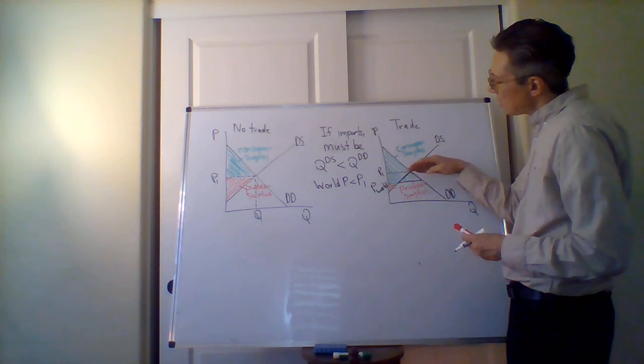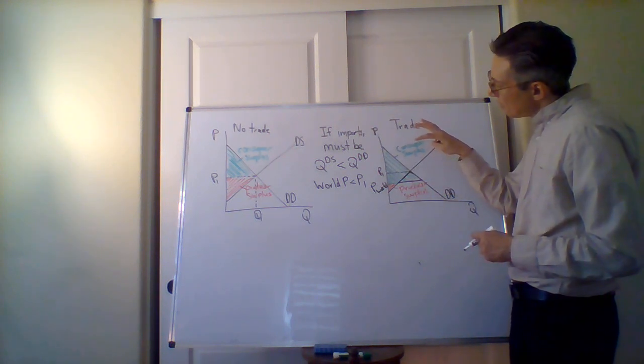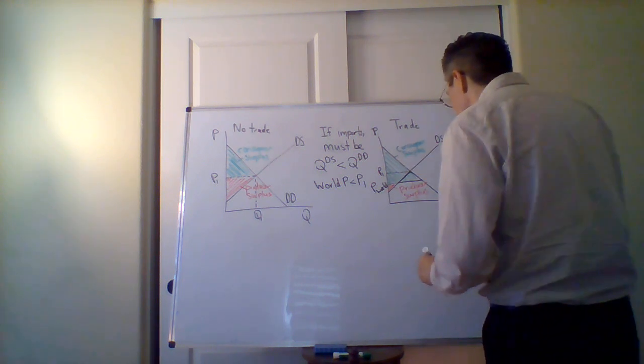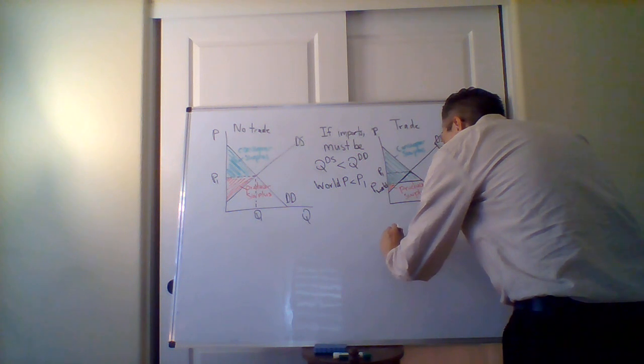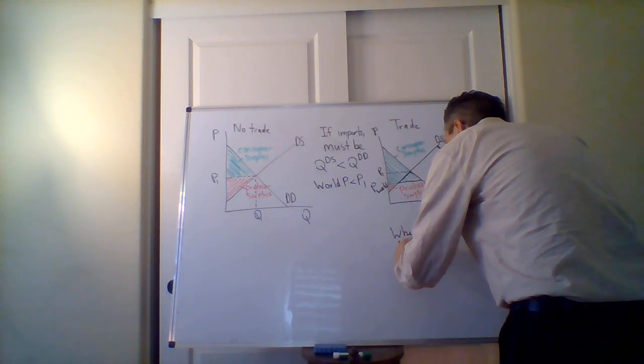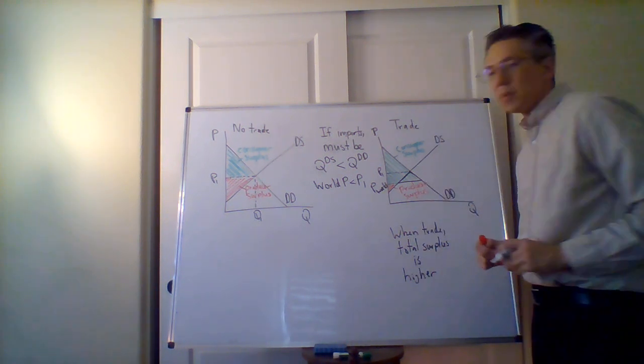Producers no, but the consumers are doing so much better that overall, the net benefit to society has grown. So again, as before, when there's trade, total surplus is higher.